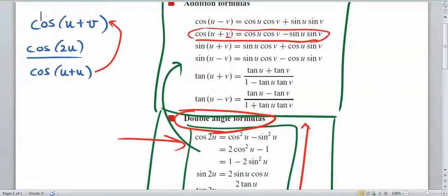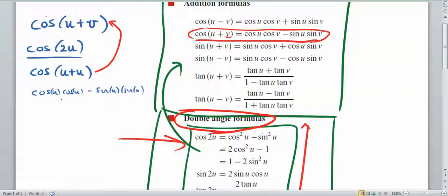So what have we got? We've got cos of u plus u is equal to cos u cos u minus sine u sine u.